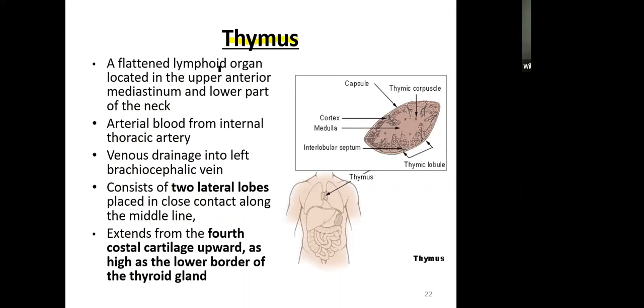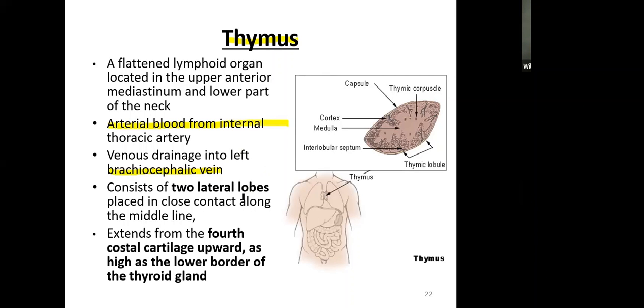It's a flattened lymphoid organ. It's located in the superior anterior mediastinum and the lower part of the neck. It has an arterial blood supply from the internal thoracic artery. It has a venous drainage into the left brachiocephalic vein, which is then ultimately going to dump into the SVC.